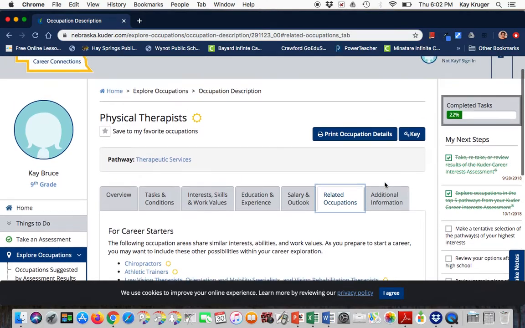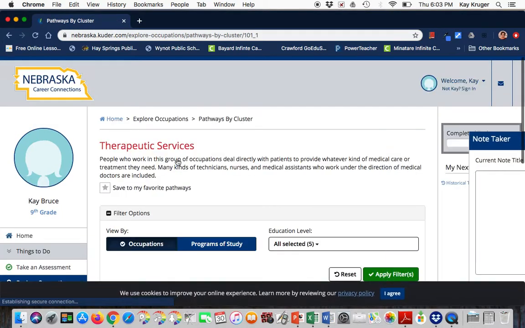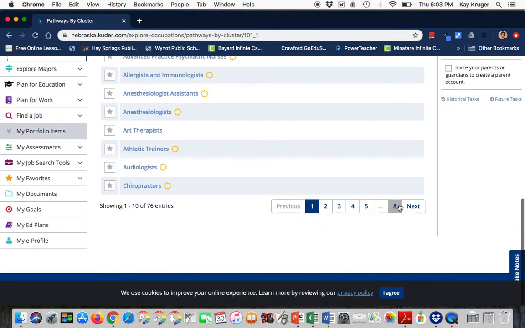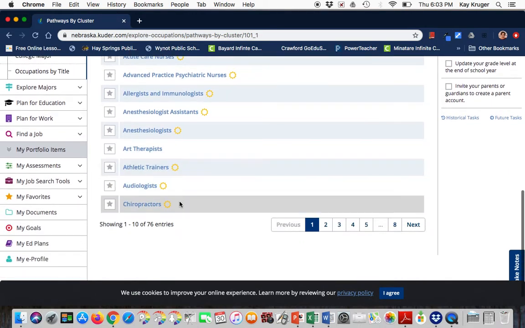In that case, go back up to the top, click on that pathway. This one is therapeutic services, and here it has pages of related careers. And we could see that chiropractors are here.